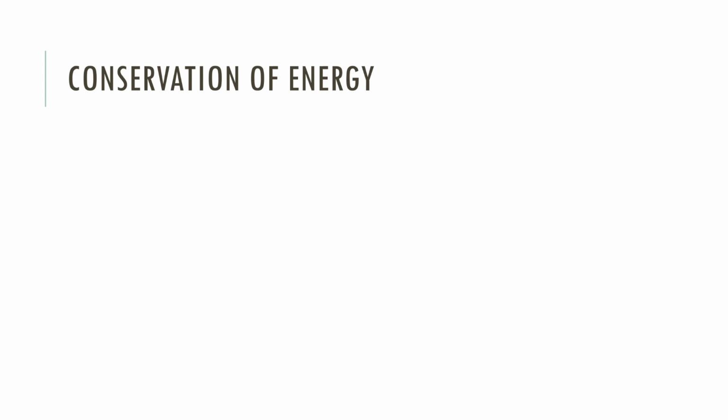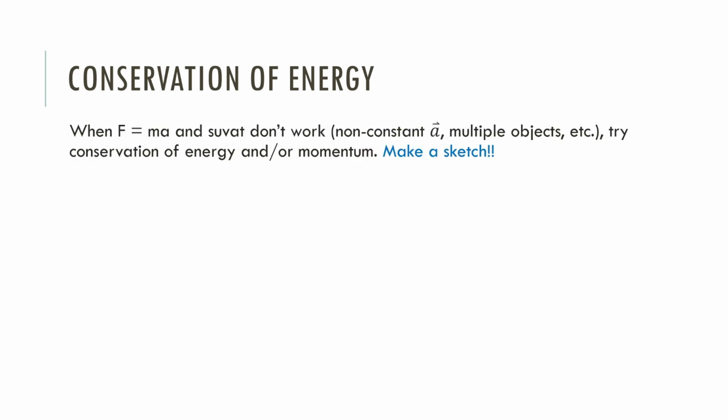Again, another common thing, a really good tool to solve lots of mechanics problems, is conservation laws: conservation of energy and conservation of momentum. There's a lot of overlap between them. You see both of them quite often. So if you are having a situation where you can't use F equals ma, or your dear old friend SUVAT, which everybody loves and tries to use on everything, remember, you can't use SUVAT if the acceleration isn't constant.